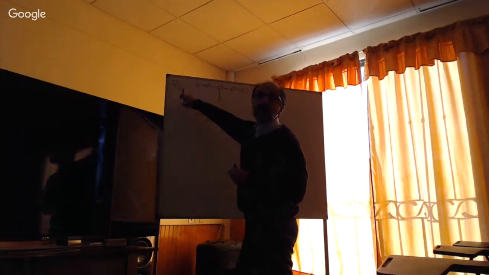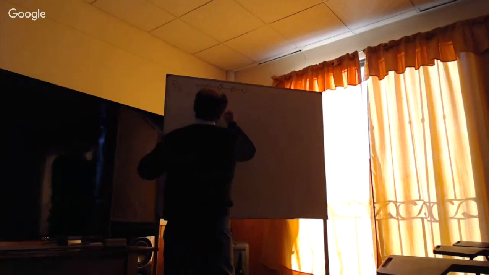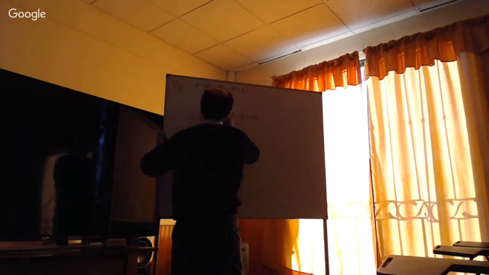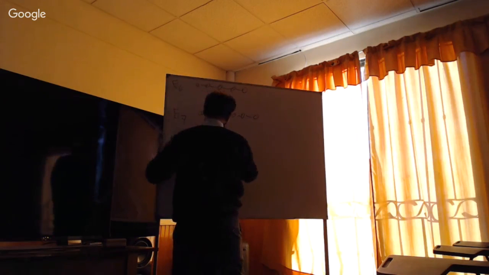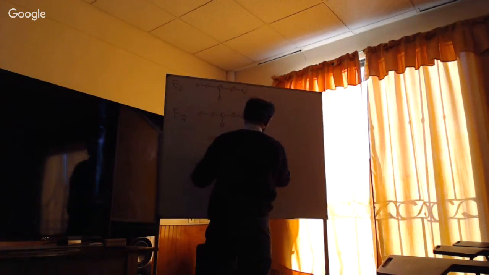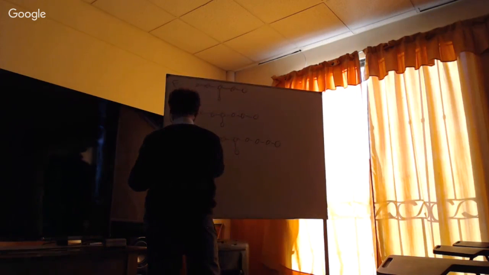This number is the number of vertices. And this is E7. And here, this is E8.